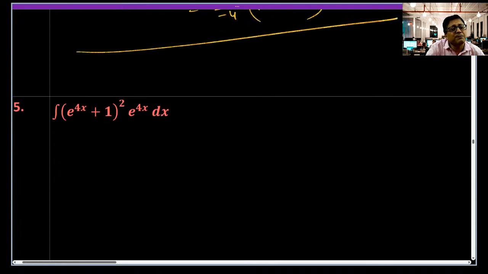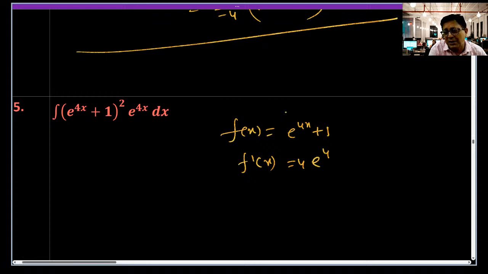e to the power 4x plus 1 whole square into e to the power 4x dx. Do you find which one is f(x), which one is f dash x? You take f(x) equal to e to the power 4x plus 1, so f dash x will be what? 4 e to the power 4x plus 0. See, it is there, 1 by 4 is not there.